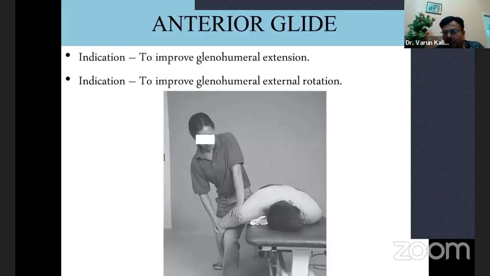Next one is the anterior glide. This glide we can use to increase the glenohumeral extension and external rotation. In this glide, the patient is in prone lying position and the therapist again stands on the side of the patient and applies anterior glide at the glenohumeral joint.